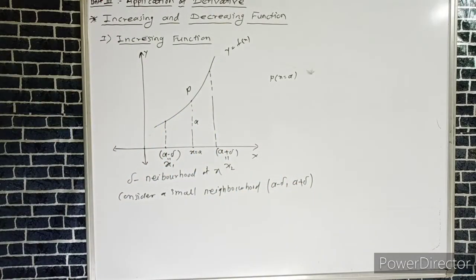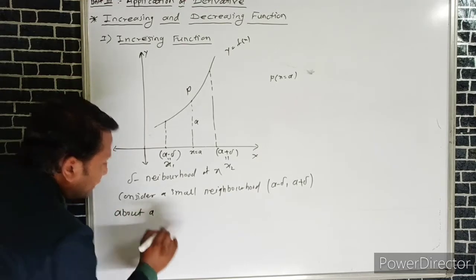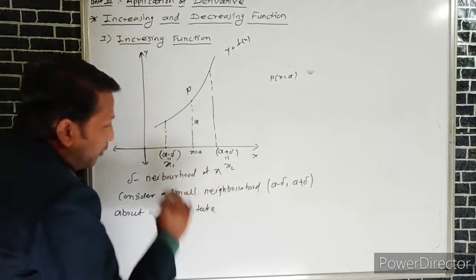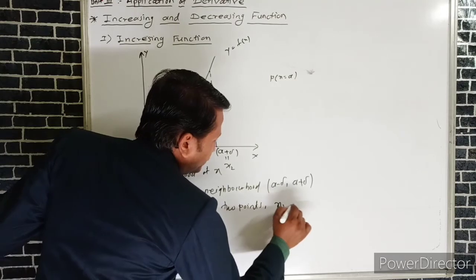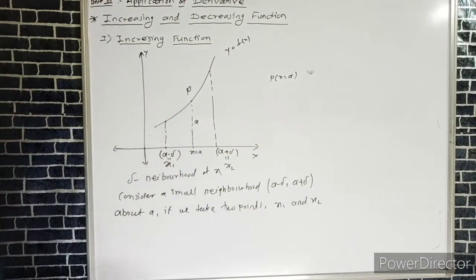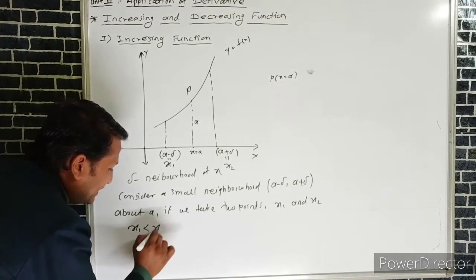So again, about a, if we take two points x1 and x2, from the above condition we can say that x1 is less than x2.